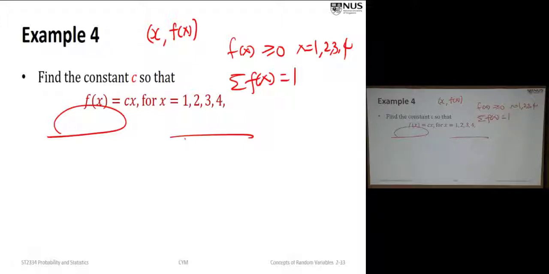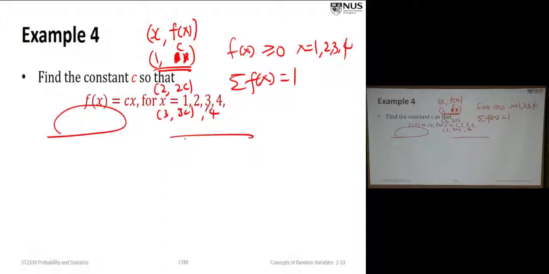So in this example, for x equal to 1, this one is C. Then 2C. Then 3C.